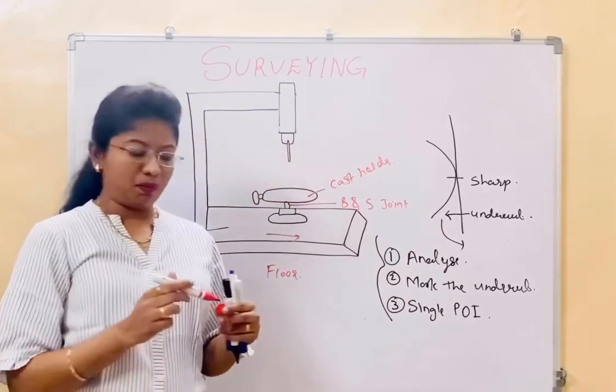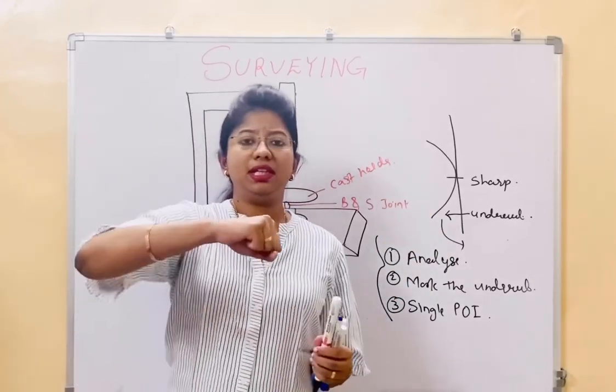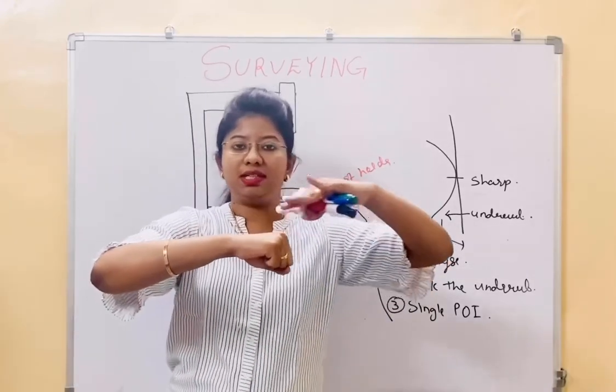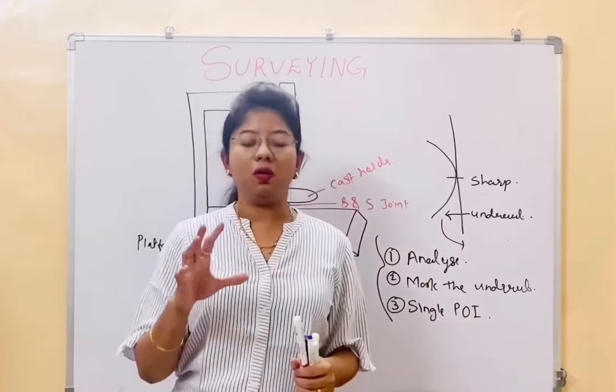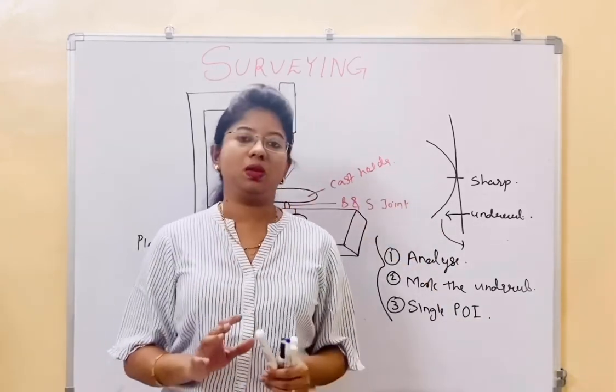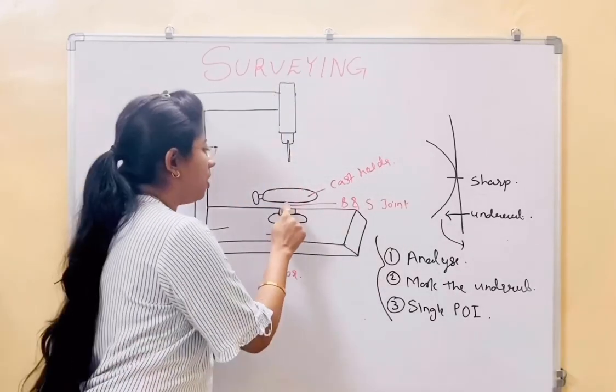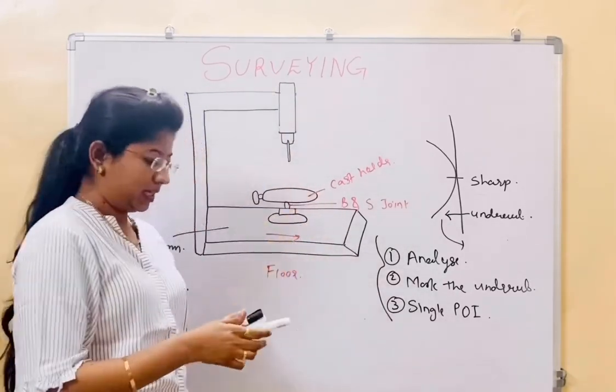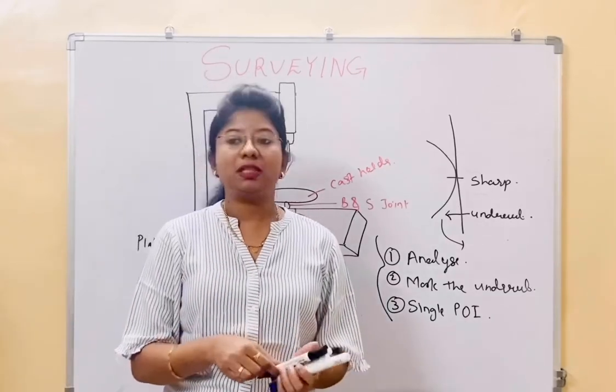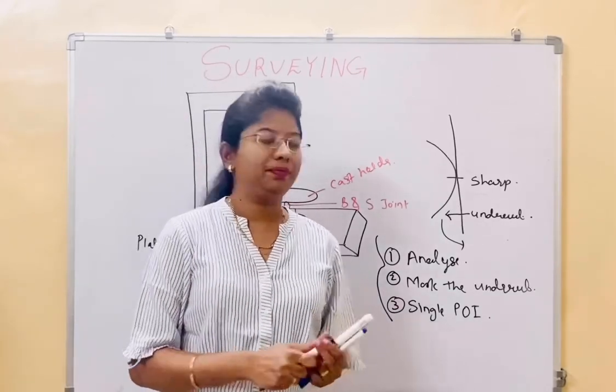What do you mean by ball and socket joint? Basically, there is a ball on which there is a platform used for holding the cast. Because of the ball, this platform can be moved. It can be tilted. I'll explain the importance of that.